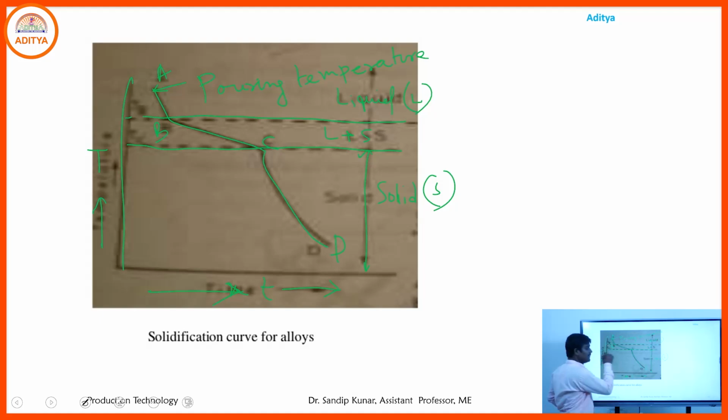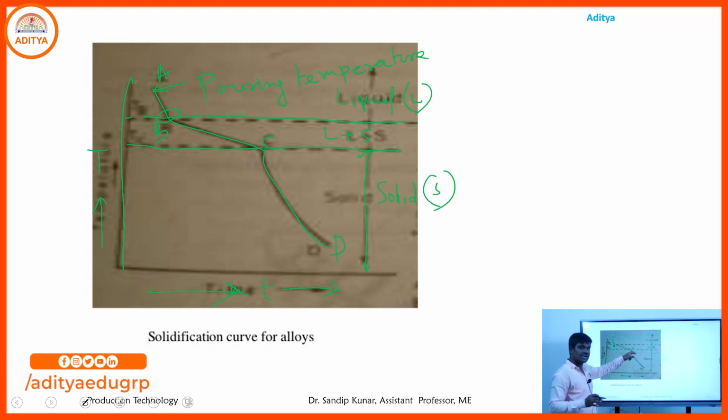When the heat is extracted, it will come to point B, which means heat extraction has started. From point B it will start the solidification. Between B and C, some part will be solid and some part will be liquid, so that state denotes the liquid plus solid state. At point C it is completely in the solid state.